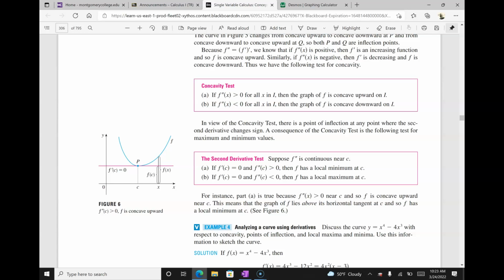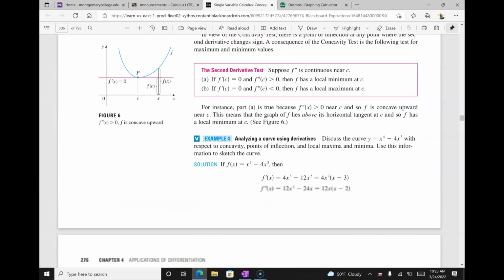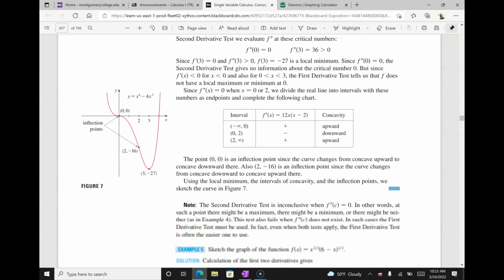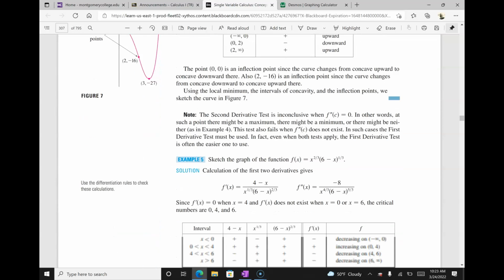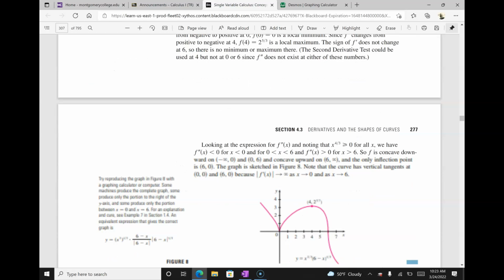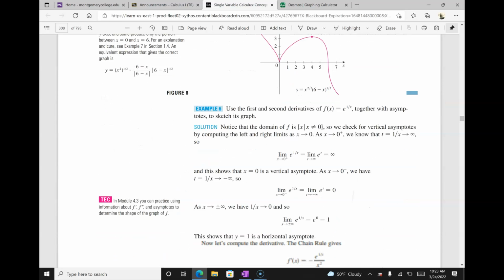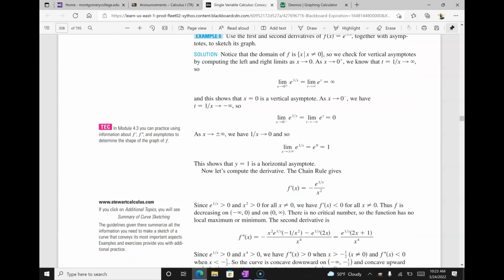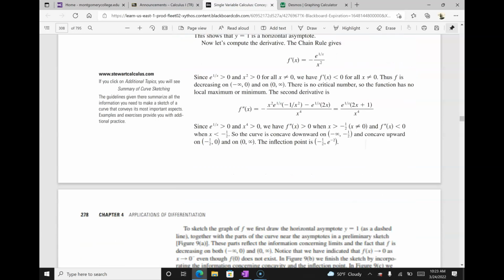So concave down like a turtle's back. Concave up like a bowl. Okay? So the second derivative will test for concavity. Oh, that looks like a nasty one. That looks nasty too.